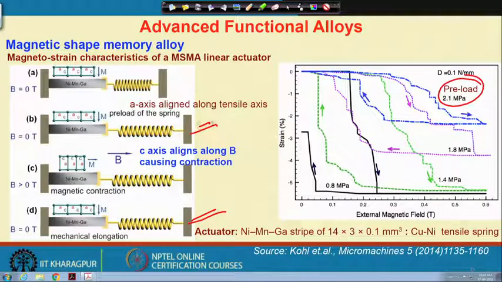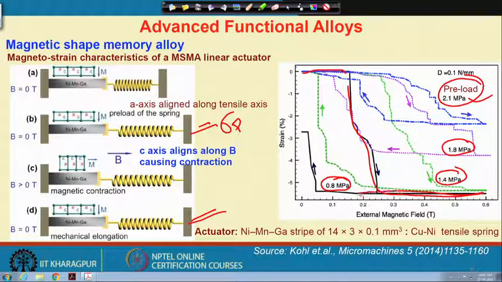So, if you look at different preloads. So, here whatever load we have applied, this is let us say a preload. So, this is the preload amount, let us say for 0.8, 1.4, 1.8 or 2.1. So, the net strain that one can generate could vary. So, from 0 we apply a preload, and then the strain again comes back due to the external field.